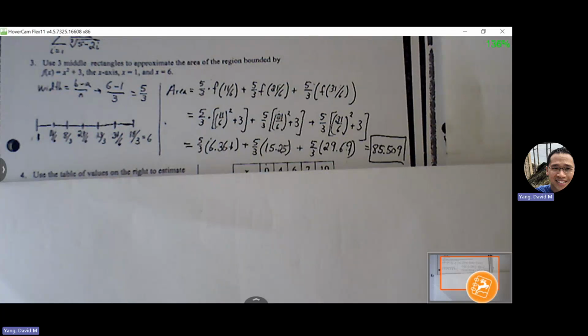That's also a common standard for AP exams, where if you're ever approximating decimals, you're going to do it to 3 decimal places.